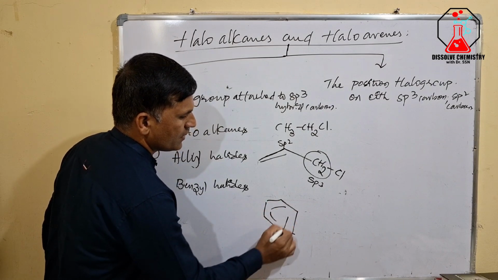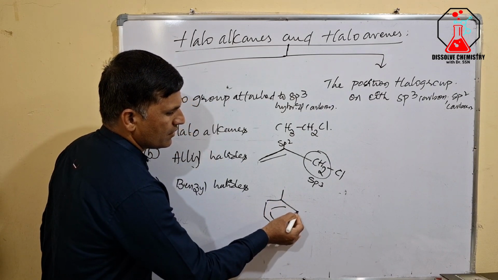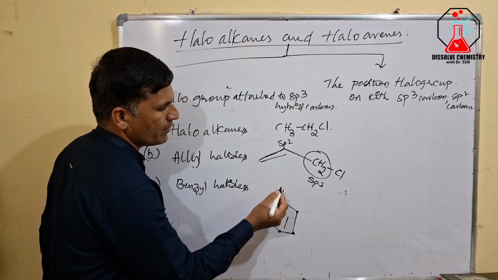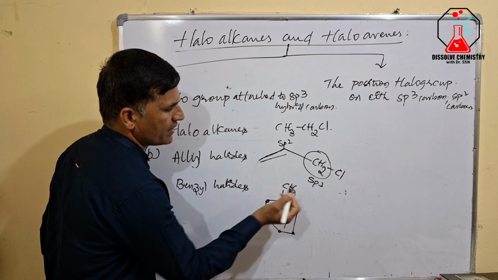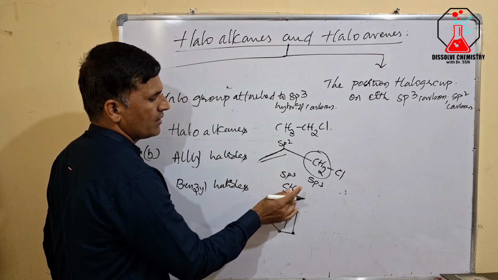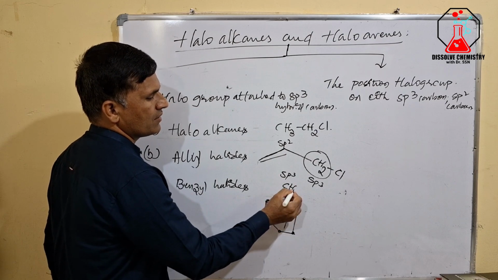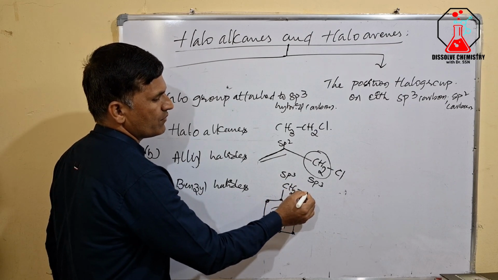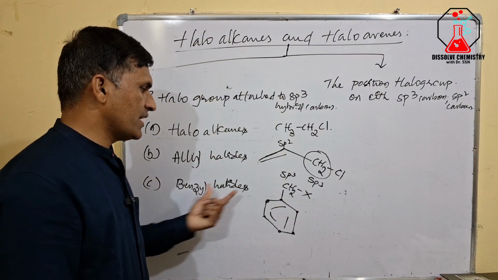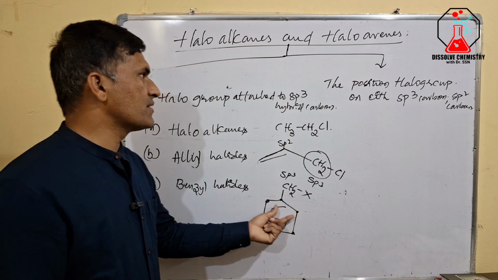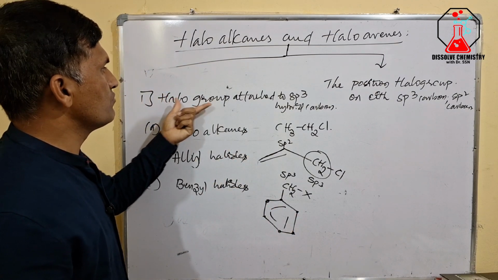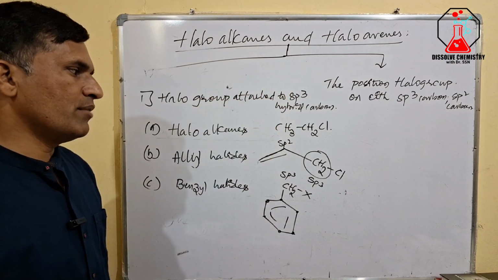In toluene, all the carbon atoms on the benzene ring are sp2 hybridized, whereas this methyl group which is attached to it is an sp3 hybrid carbon. Now if I replace one or more hydrogen atoms from this with an X group, then they are called benzyl halides, and these benzyl halides are also once again a class of halo group attached to an sp3 hybrid carbon atom.